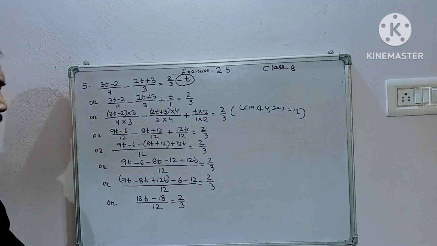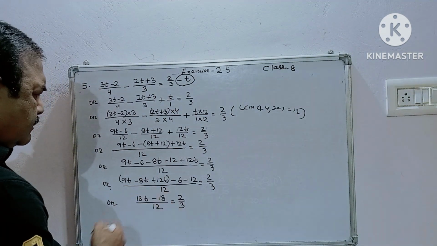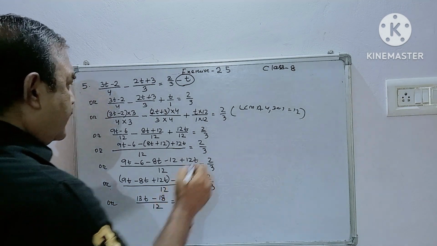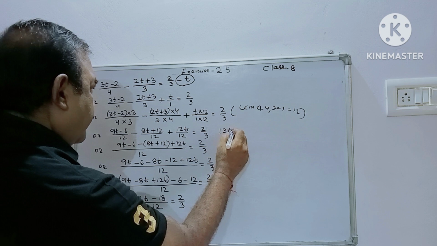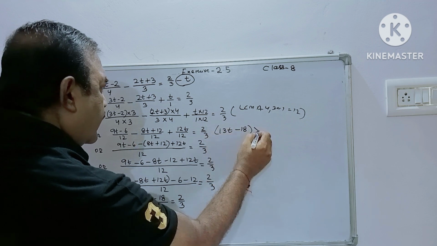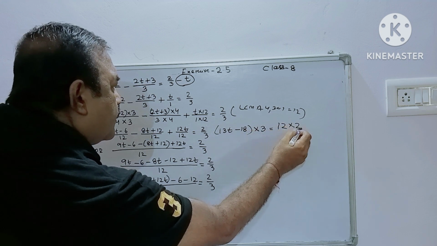Now, what will you do here? We can go through the cross multiplication method. So (13t minus 18) into 3 is equal to 12 into 2.